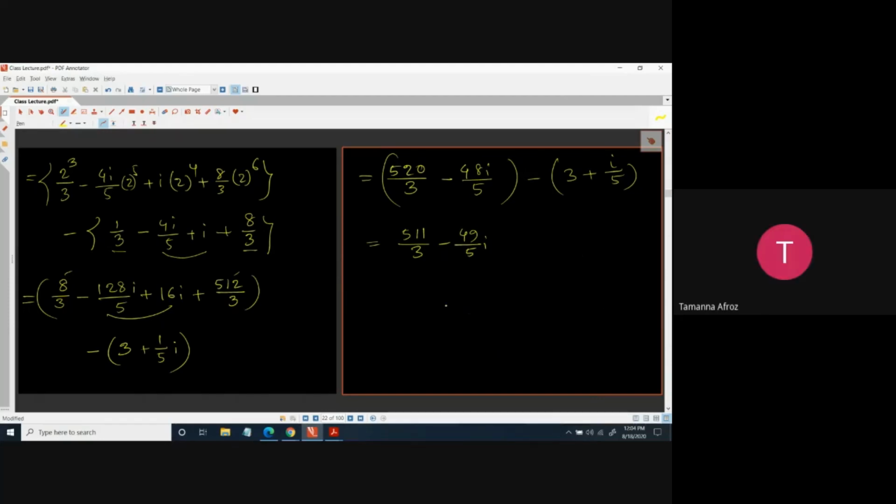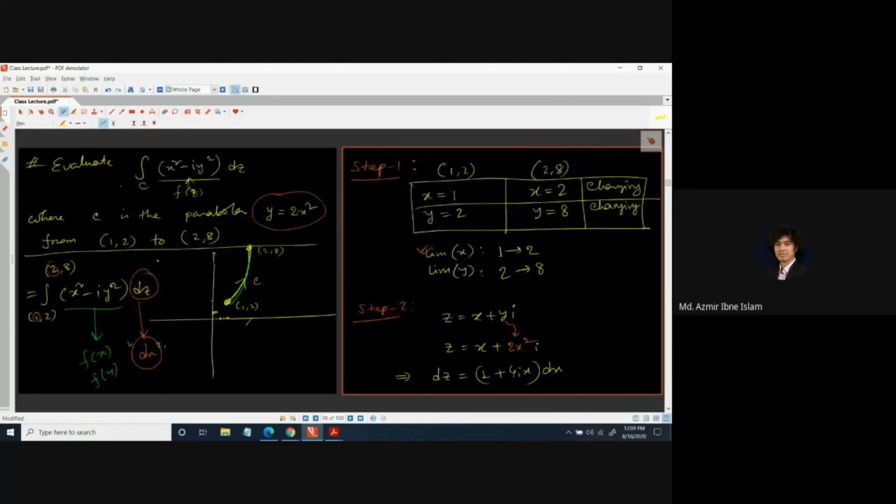Yes, sir. That means actually this time we have a parabola, and the parabola is coming from the point 1, 2 to the point 2, 8. So from 1, 2 to 2, 8 we have to figure out the limit, since both x and y are changing. So both x and y can be the limit, but x has been taken so that we can easily calculate.